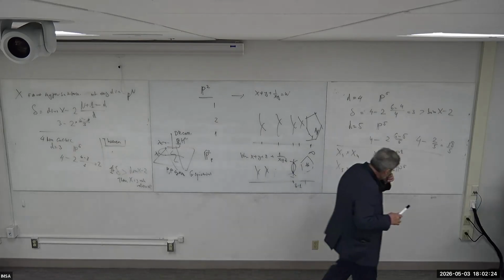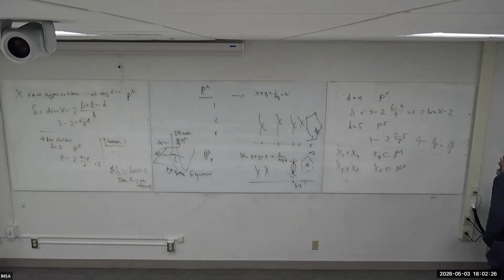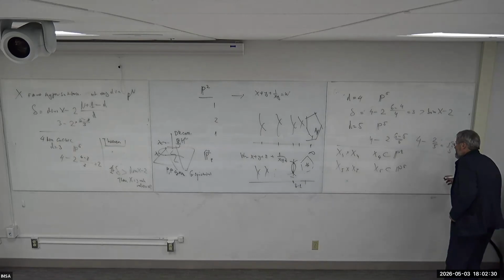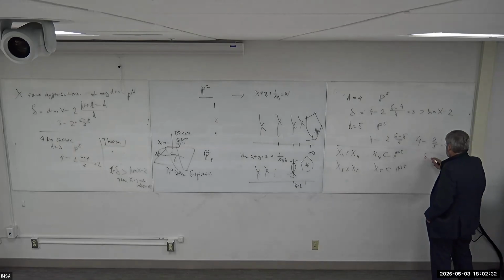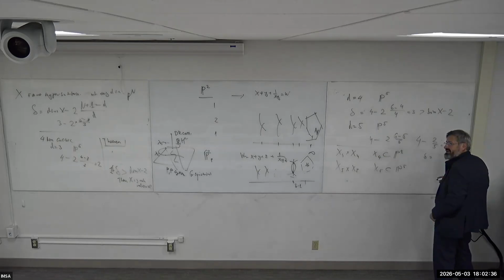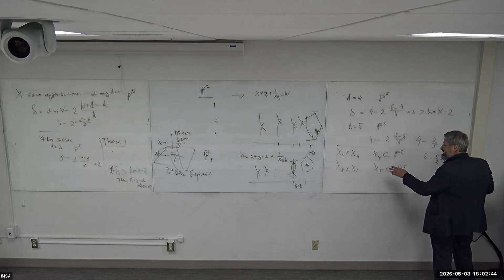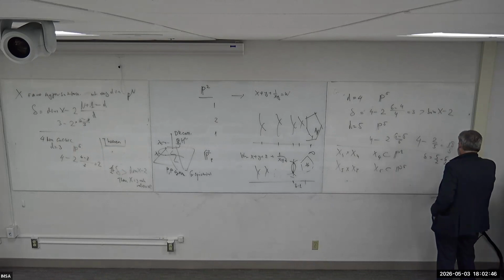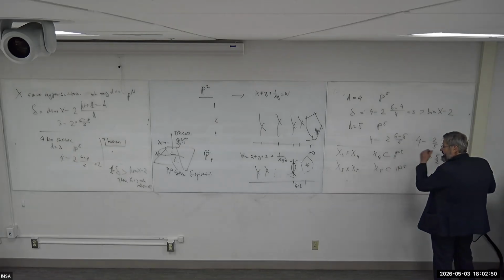In any case, if you actually compute delta, in this case for the quartic product, it's equal to 5/2 plus 5/2. The dimensions are additive. That, of course, is 5, and it's certainly bigger than 4, since this is something of dimension 6.